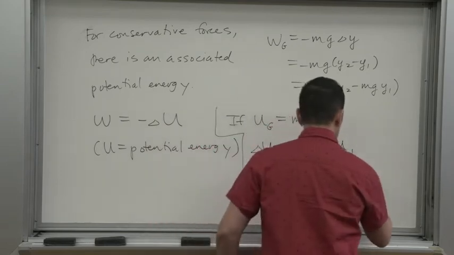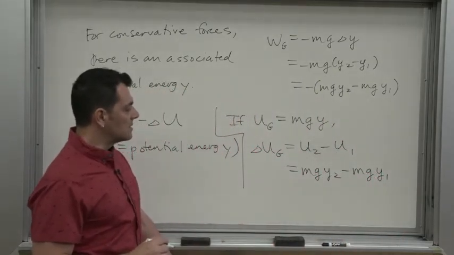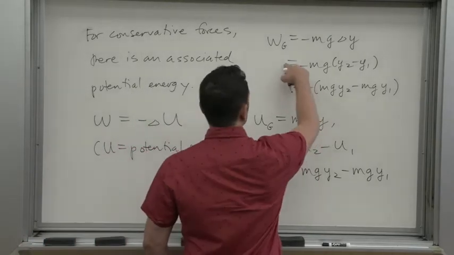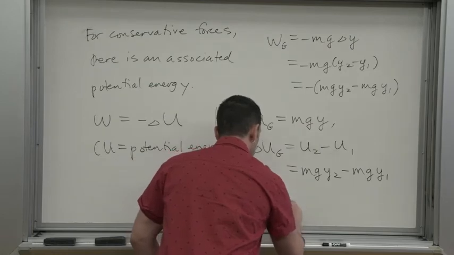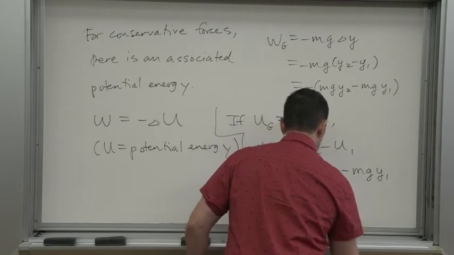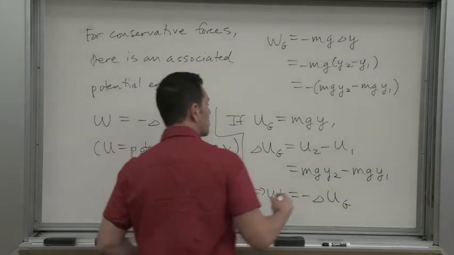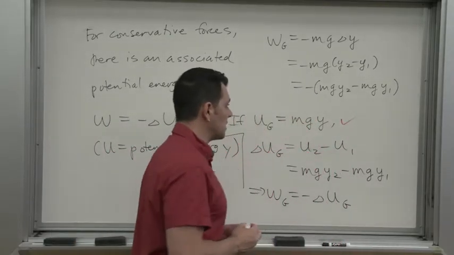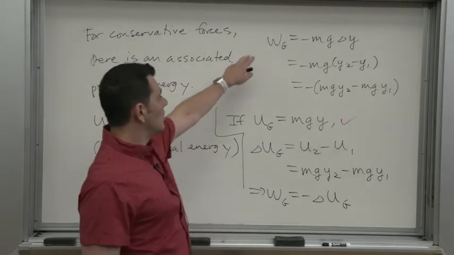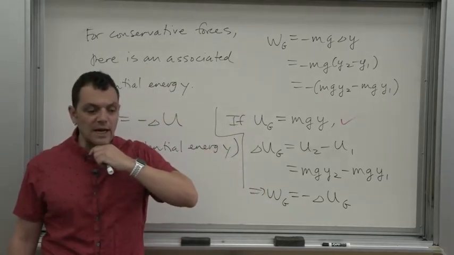And U1 would be the potential energy at position 1, which would be mg y1. So as you can see here, the work done by gravity would indeed be minus the change in gravitational potential energy. So this expression for gravitational potential energy does a great job fulfilling this condition that work done by gravity must be equal to minus delta U.